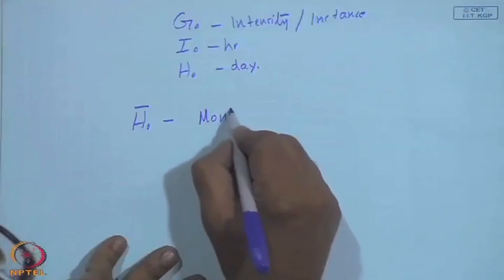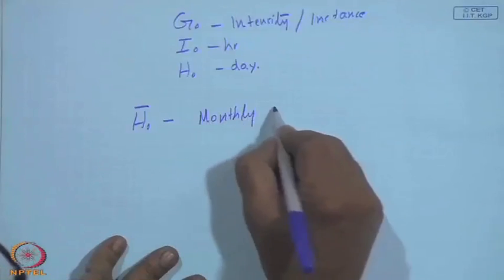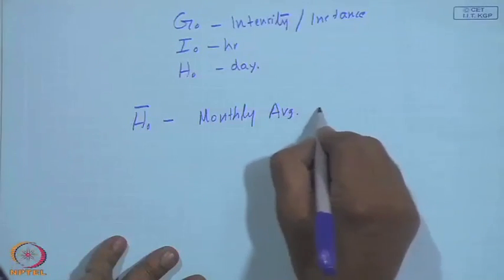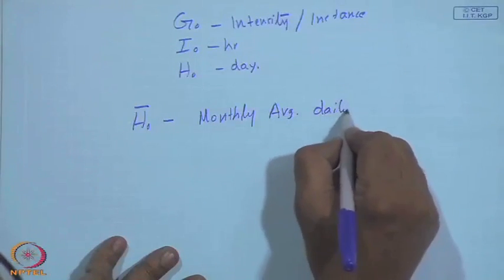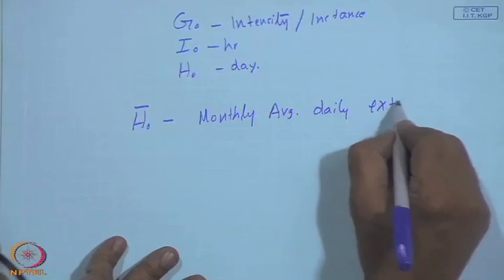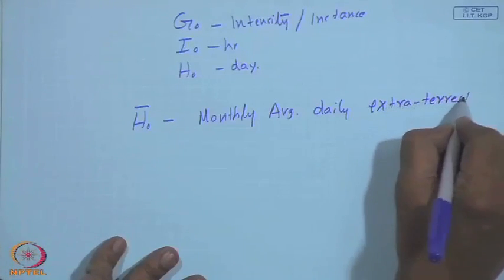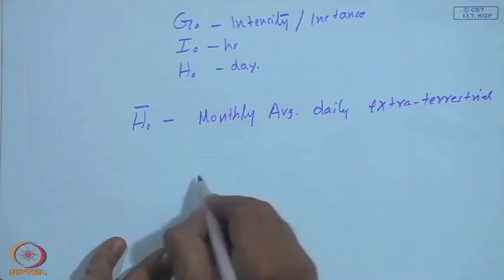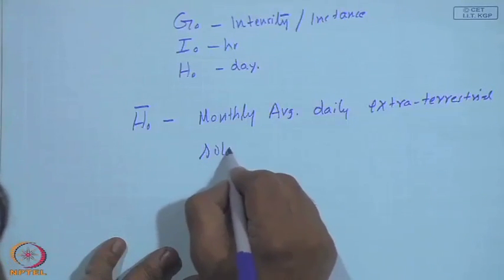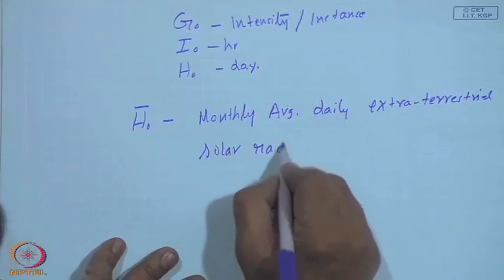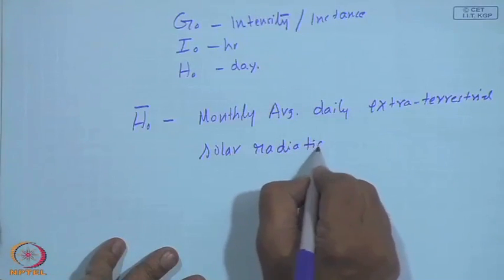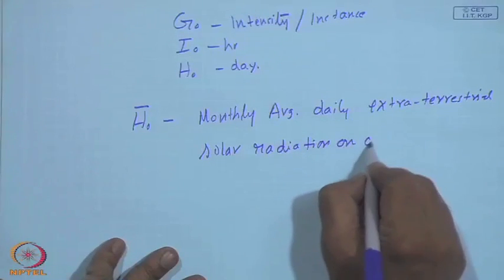This is monthly average daily extraterrestrial, if we want even solar radiation on a horizontal surface.